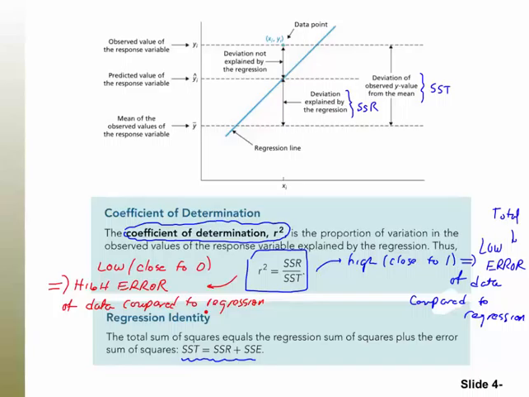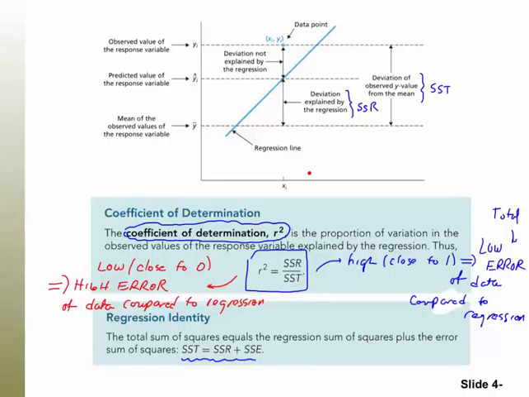This data is not doing a good job of giving us a regression line, so we tend more to use the mean to predict y. Whereas if this SSR over SST, this r squared ratio, is close to 1, it means our error is very low, and we want to use x to predict y, because that regression line is good, right? All the data points are close to that regression line, so we want to use x to predict y.